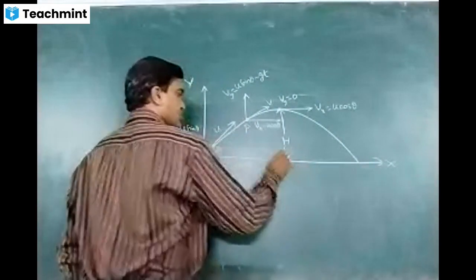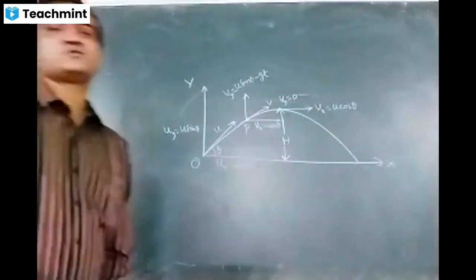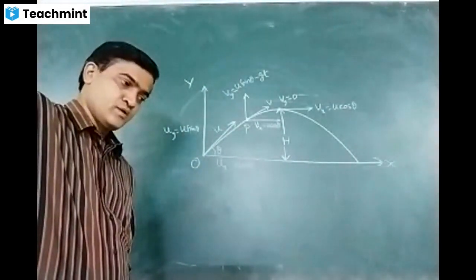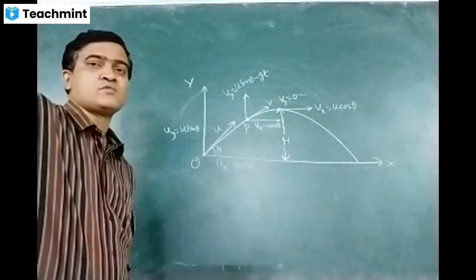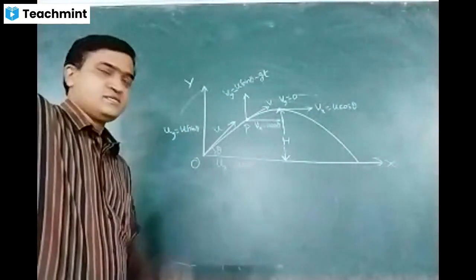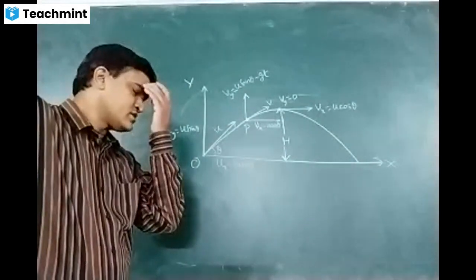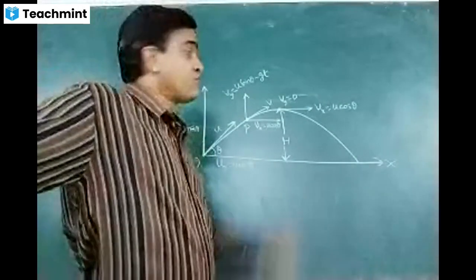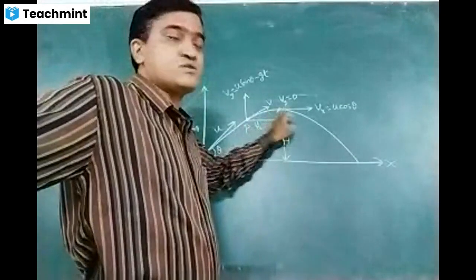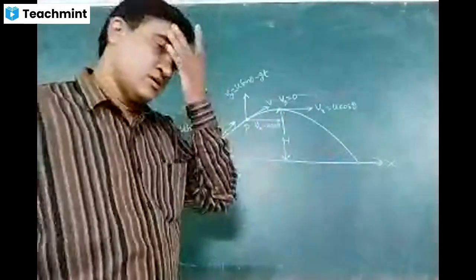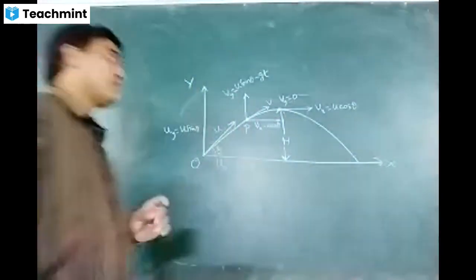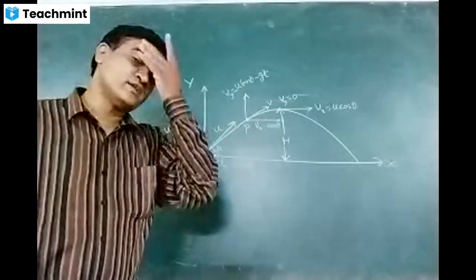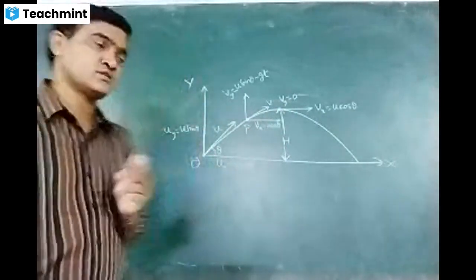Fine. Now we'll discuss time of descent. What is meant by time of descent? Time taken by a particle or projectile from maximum height, where the final vertical component of velocity is zero, but the horizontal component of velocity is there, which is nothing but vx is equal to u cos theta.